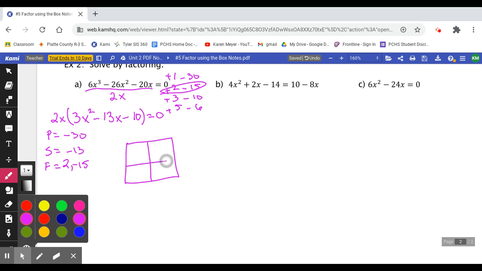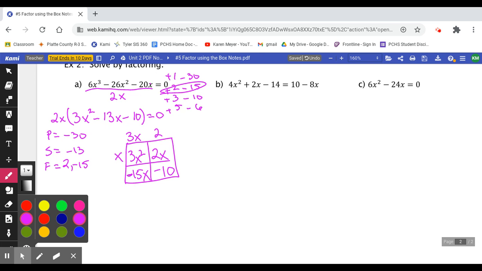So now I'm going to make my box. 3x squared, 2x, minus 15x, and minus 10. Up and down, both numbers are divisible by 3, and each one has an x. Up and down, both numbers are divisible by 2. Sideways, numbers aren't divisible by anything other than 1, and they both have an x, so 1x or just x.